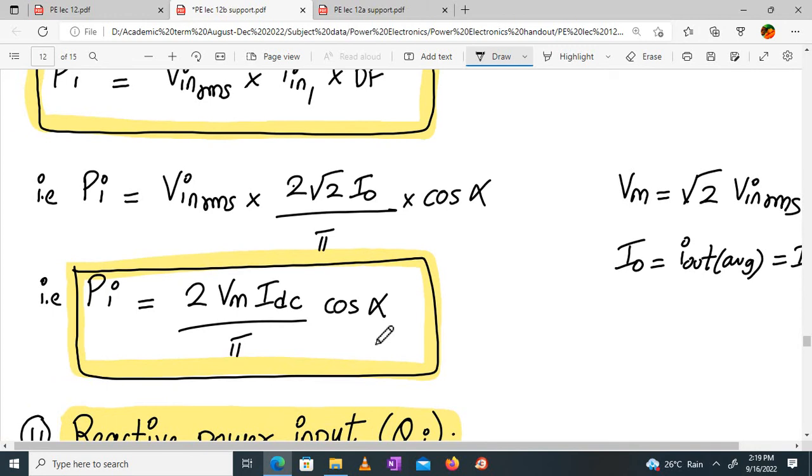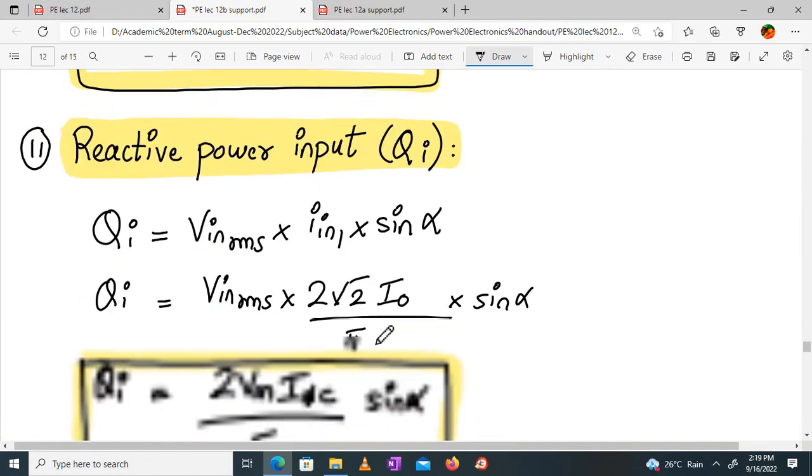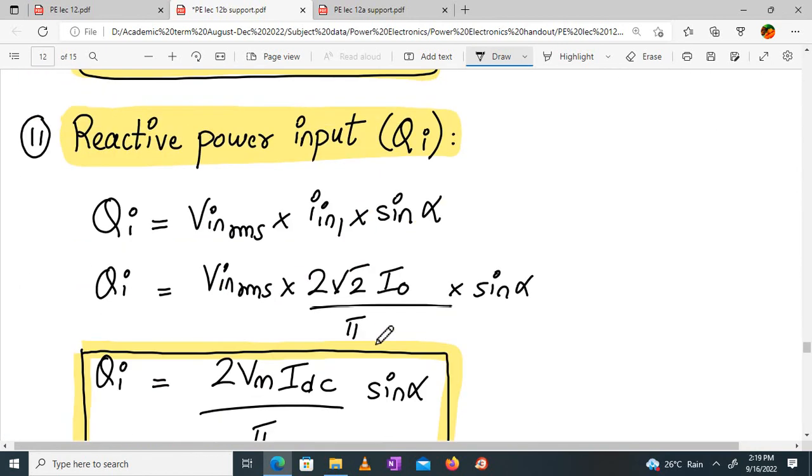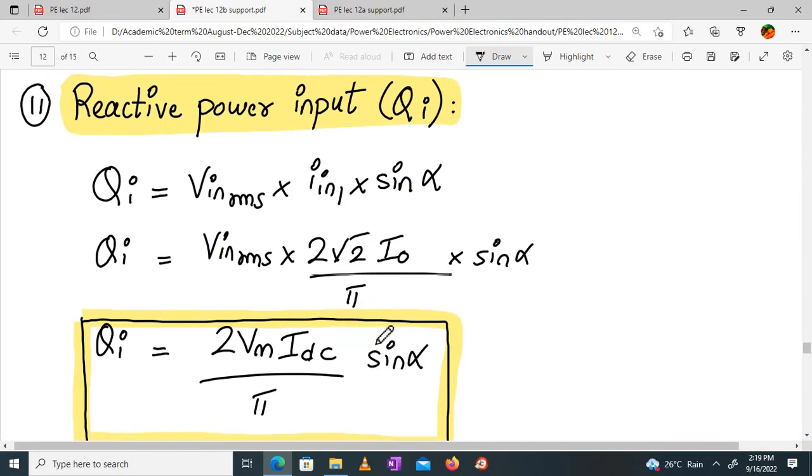Reactive power input. Last. Reactive power input QI. इसमें क्या है? सब कुछ सेम है. इंस्टेड ऑफ cos alpha we have sin alpha. Active power, reactive power पढ़ा है ना? Apparent power, power triangle. You remember? वो cos alpha था, ये sin alpha है. So write down that formula, final formula, first and the final.